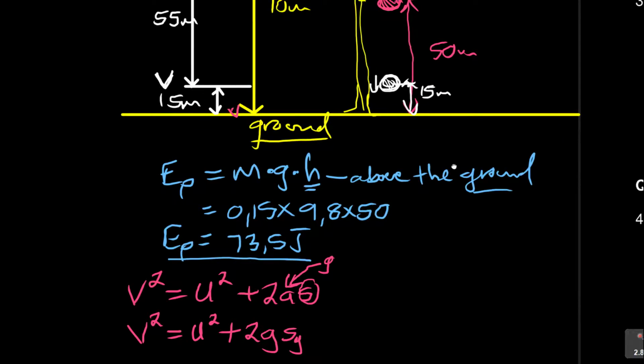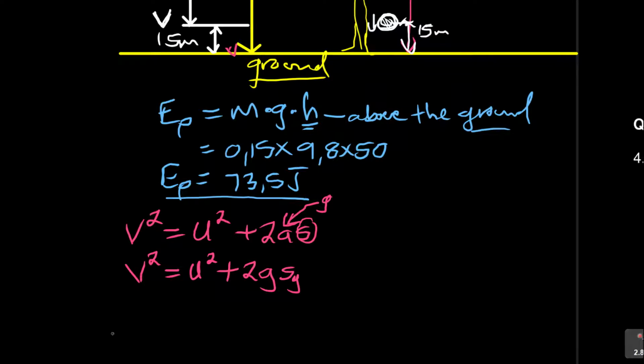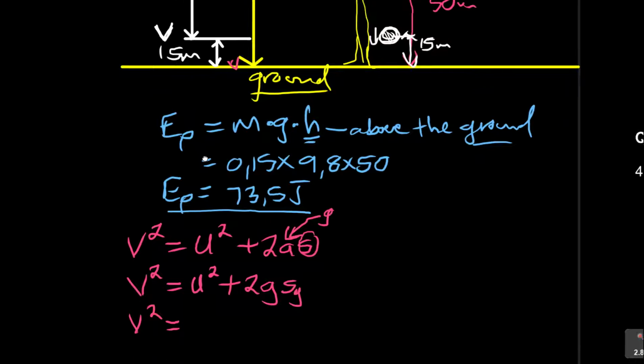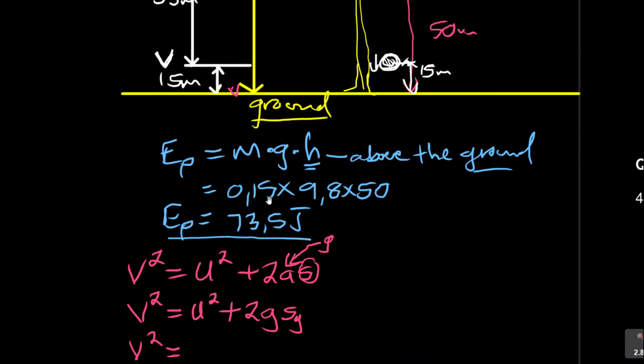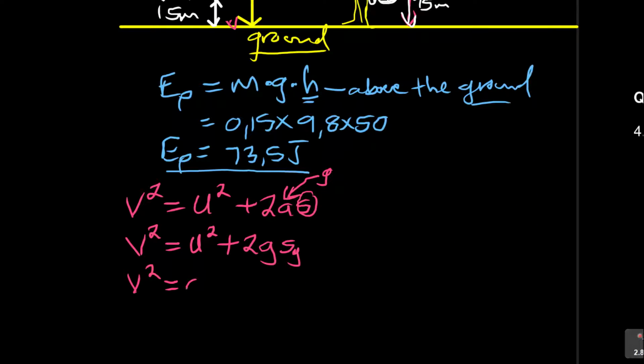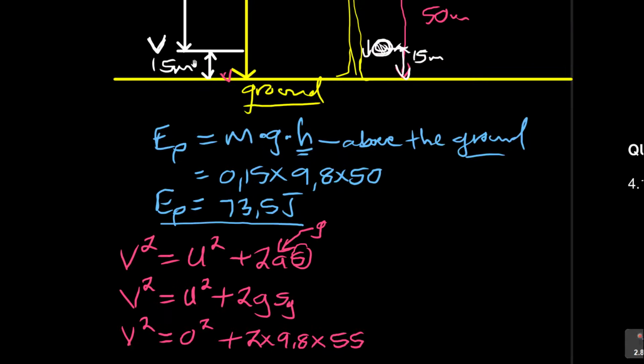Now that's what you use here: V squared, that's what we want to find, is equal to U squared. It falls from rest. We said U is 0, so that is 0 squared. Are you with me? And then plus 2G, which is 9.8, times S, the distance it moved, which is 55. Don't use 15 because 15 is from the ground.